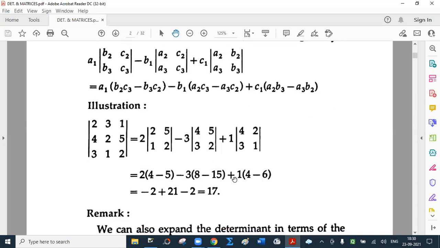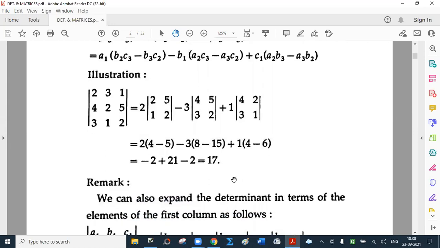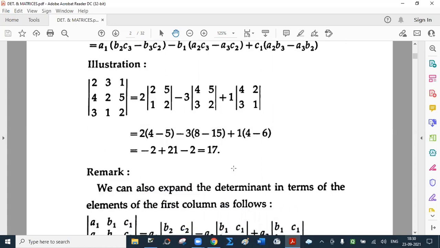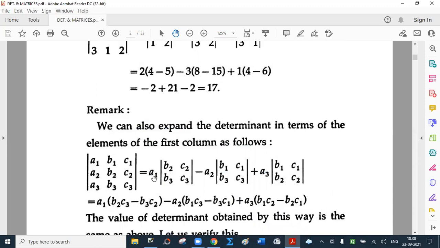So simplify to get the value of the determinant as 17. Now we can expand a determinant in terms of elements of the first column also. That we'll discuss later on, but the working rule is the same. I hope you understand this. Column means vertical, horizontal means row, vertical line is column.